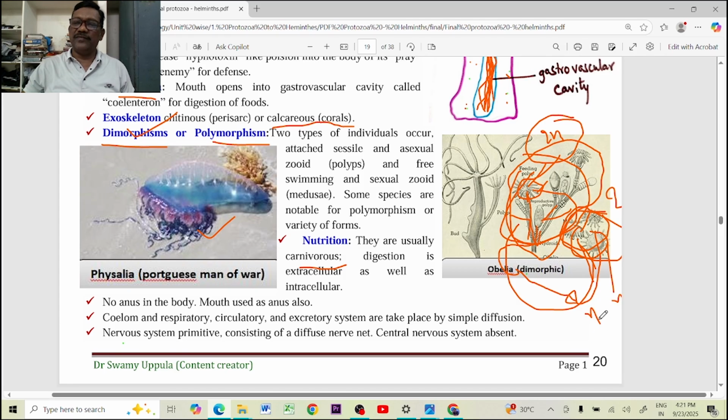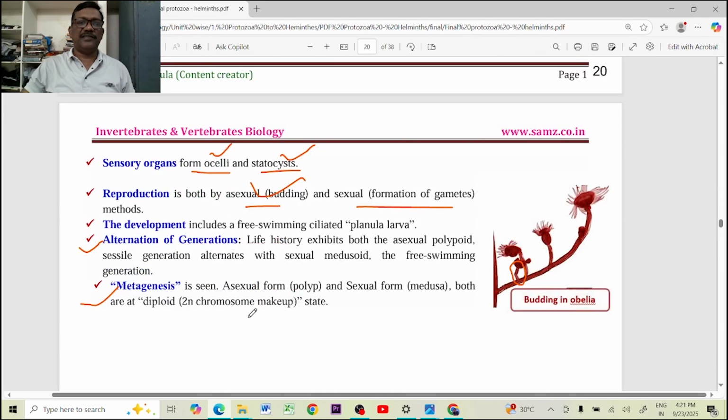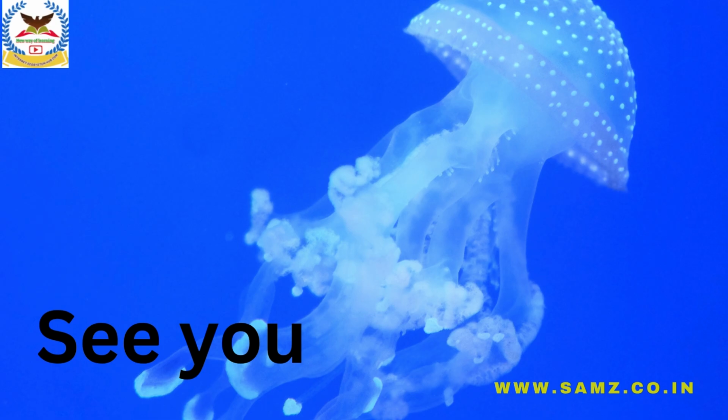Then the fusion of these gametes forms the zygote, which is diploid. The diploid zygote develops as a larva, also diploid. So the colony, the adult organism, the asexual form and the sexual form are all in the diploid state, 2n number of chromosomes. That is called metagenesis.